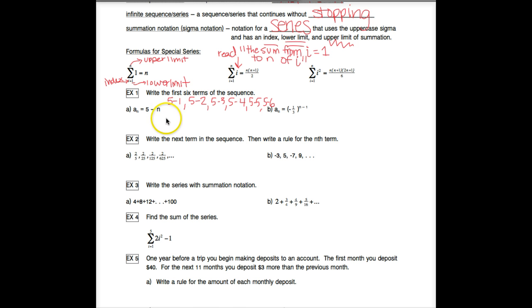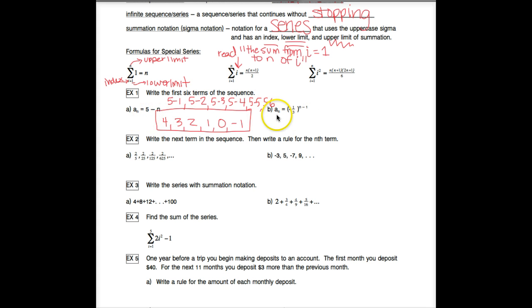So when I do that, that means the first 6 terms of my sequence are 4, 3, 2, 1, 0, and negative 1. So all we're doing is plugging in.